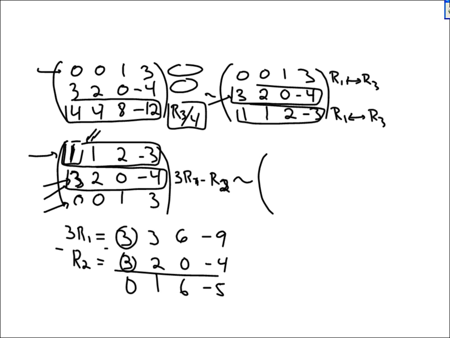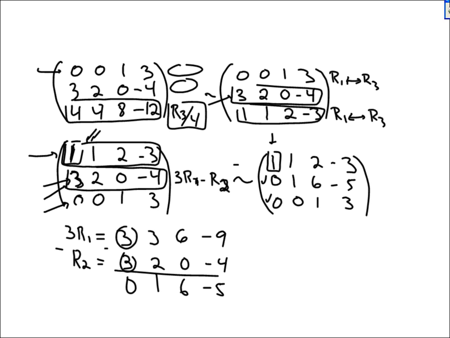So the new matrix we get is 1, 1, 2, negative 3. Row 2 has been changed. Row 3 has not been changed. And notice, column 1 has a leading entry, and everything below it is 0.